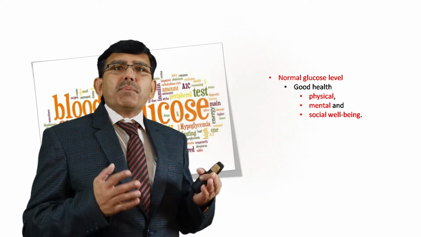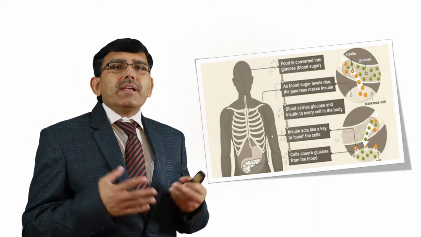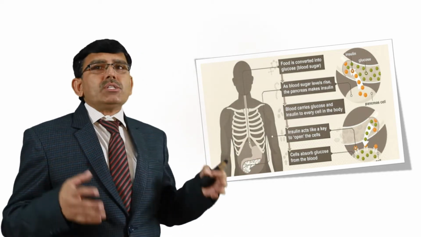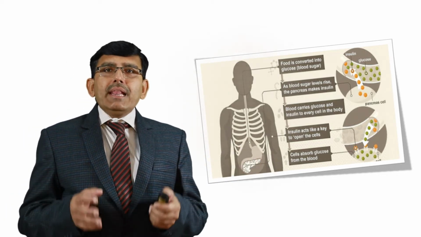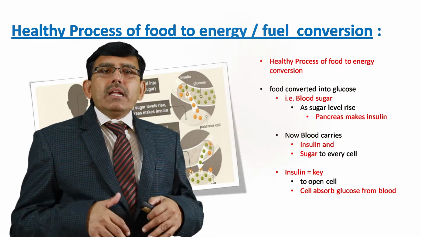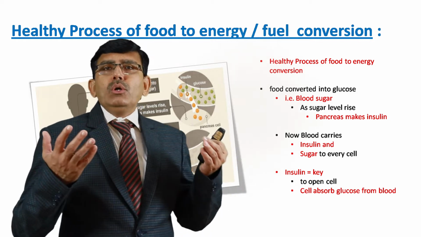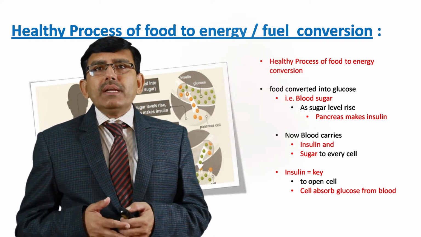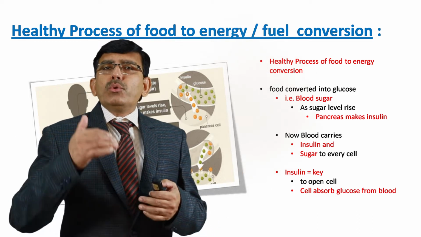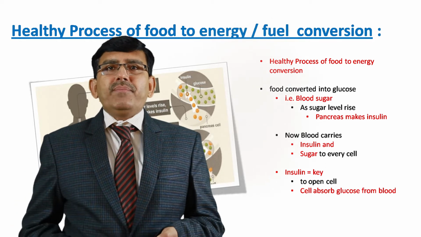Now here see the conversion process of food utilized as fuel or energy, where the healthy process includes taking in food, converting that food into glucose, adding that into the blood so the sugar level will increase, then to reduce it, the pancreas begins to release insulin.